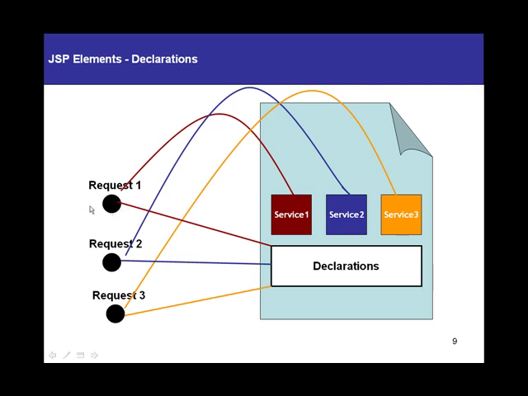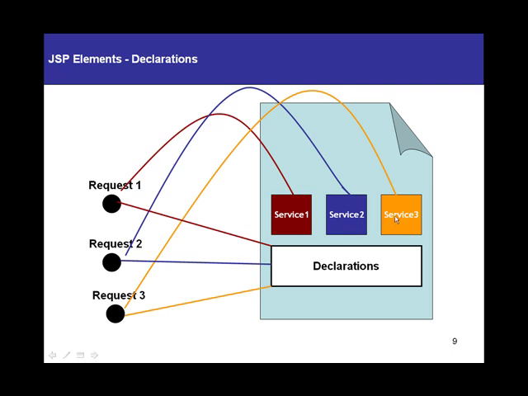So when request 1 comes in, it spawns a new thread. So basically I have a new service method. When request 2 comes in, again I have a new service method, right? And ultimately when request 3 comes in, I'm going to have a new service method for request 3 as well.